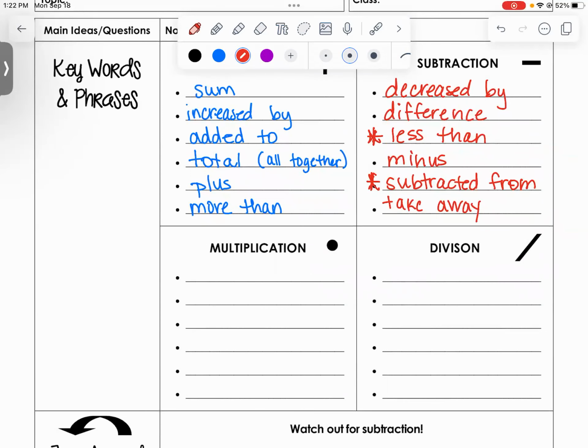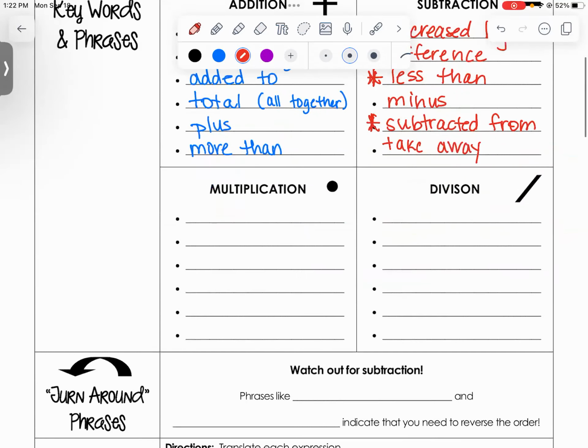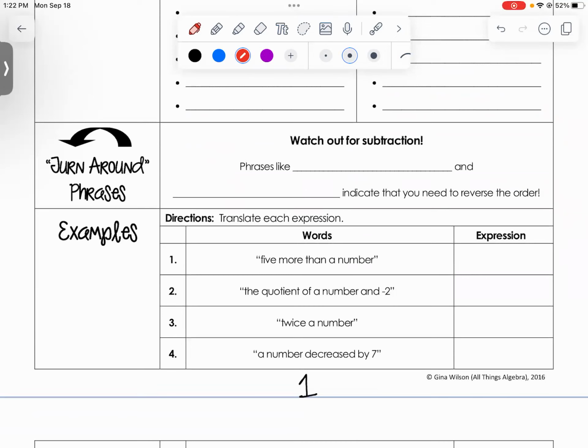We're going to come back to multiplication and division, but where it says the turnaround phrases, if we have subtracted from, or if we have less than, then they're giving you the numbers in reverse order. I want you to write that.